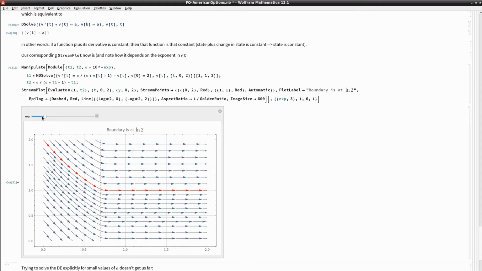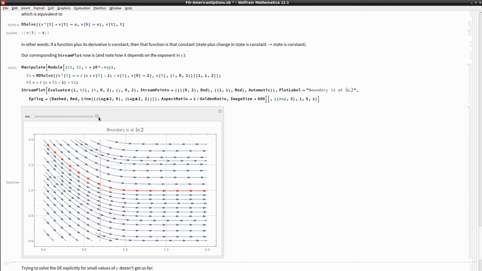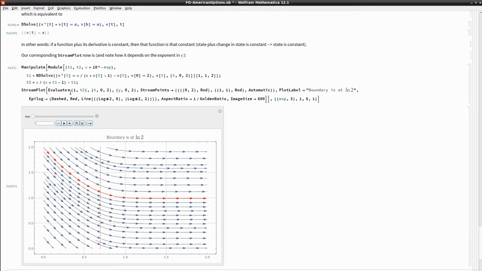And we see that the quality of this approximation clearly depends on epsilon, and epsilon here is computed as 10 to the minus exponent. I'm changing the exponent here. For a large exponent like 1 we get a pretty bad solution. You see on the right it's not even a constant here for smaller numbers, and we see that the function value is too high to the left of it.